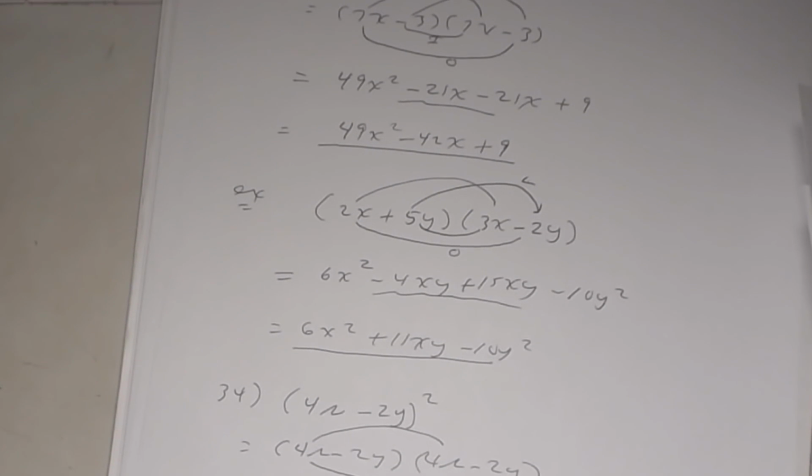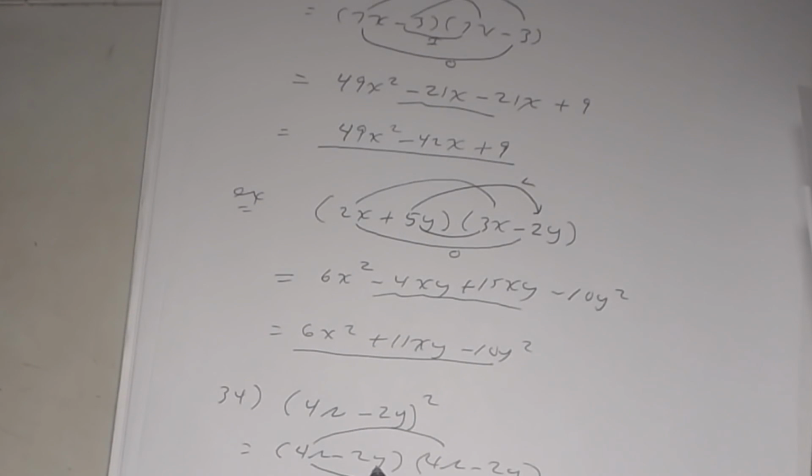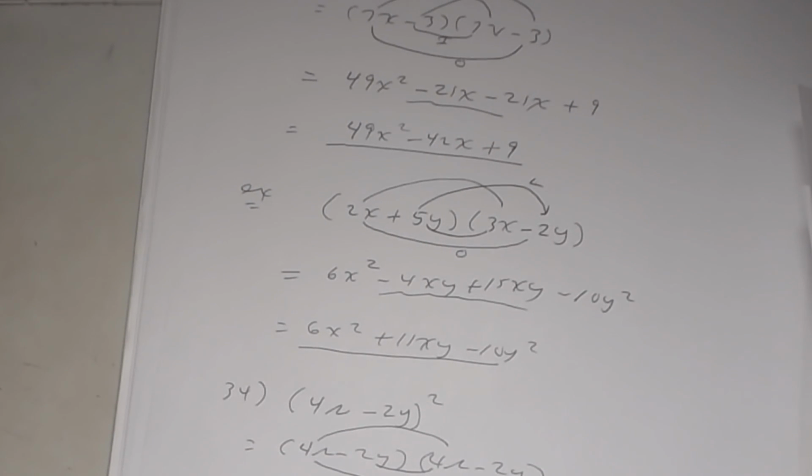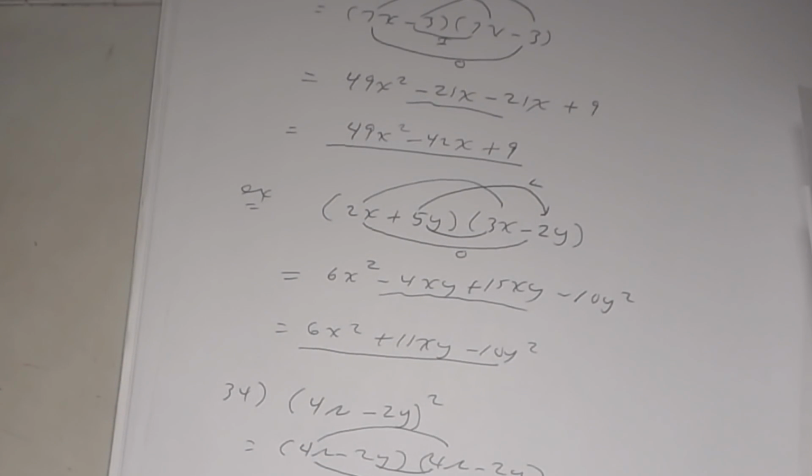Okay. The inner terms, the terms on the inside, that's this. What do I get? Negative 8sy. Now, the outer and inner terms are the same? Yes. And then next, the last term of each binomial. So a negative 2y times a what? Negative 2y.